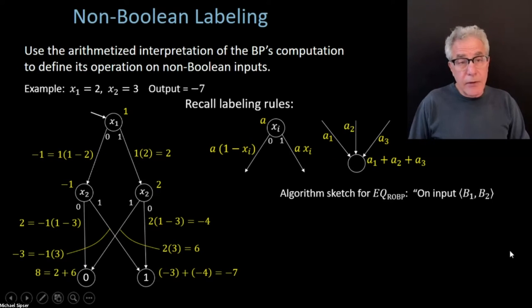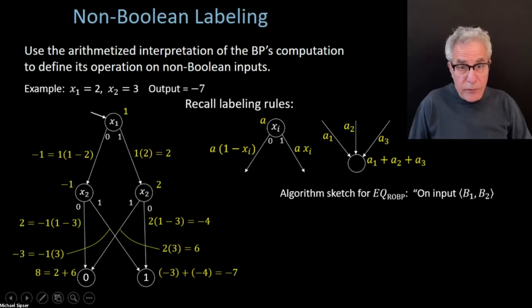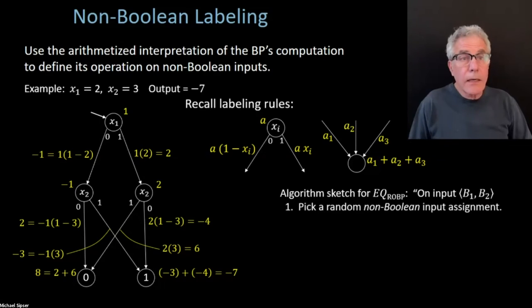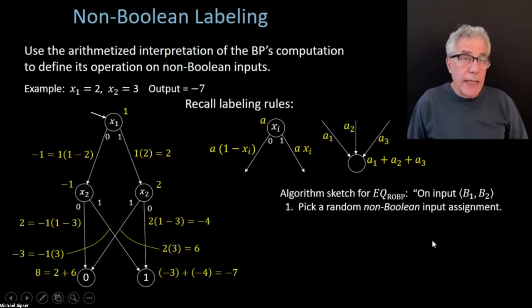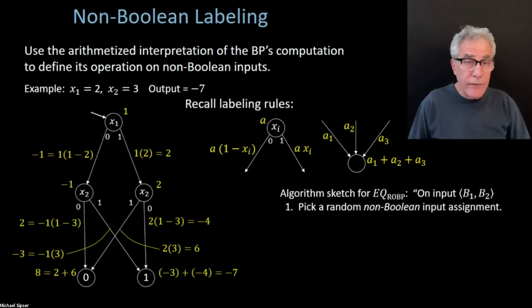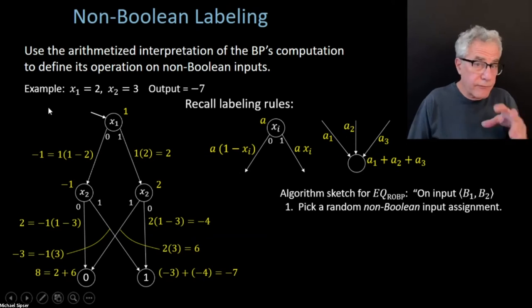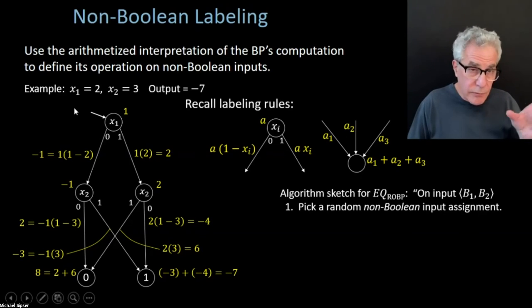Okay, so here is the algorithm sketch, which is kind of suggested by that very good question. So what we're going to do is take the two branching programs that we're trying to test if they're equivalent. We're going to pick a random non-Boolean input assignment. So set the values here chosen from the field, but we'll get there.